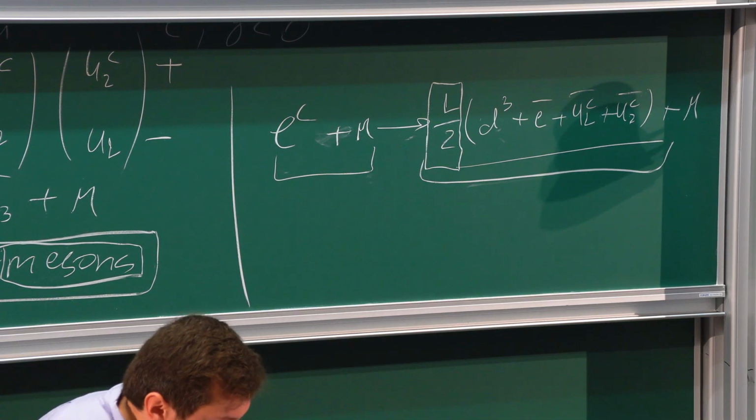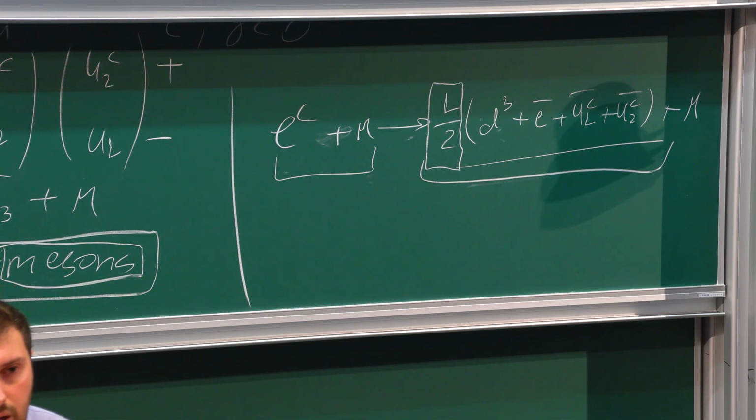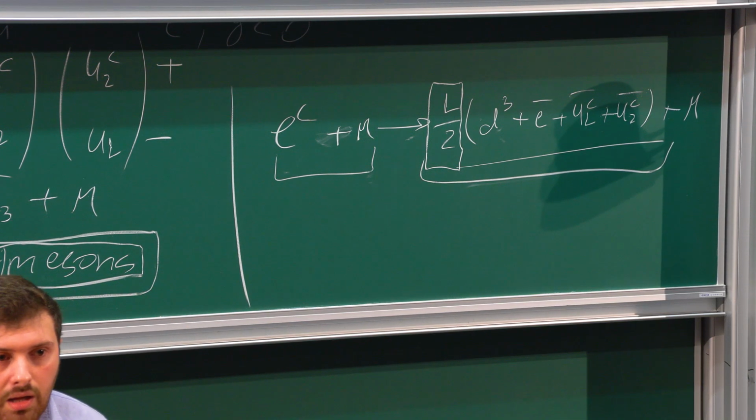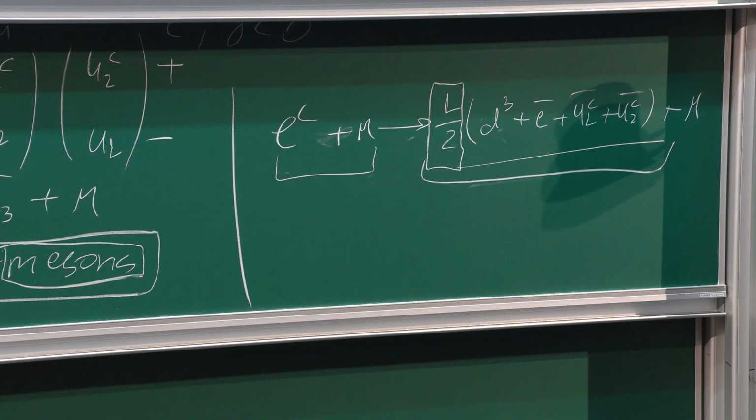Sorry, a slight question. I would have thought that the right-hand amplitude, apart from the factor of a half, is just given by a crossing of the left, but there's more leptons. You have an E C on the left side and an E C on the right side. There really is also a lepton on the right side. What do you mean by E bar? I just would have thought naively that the ingredients would be obtained from the crossing.